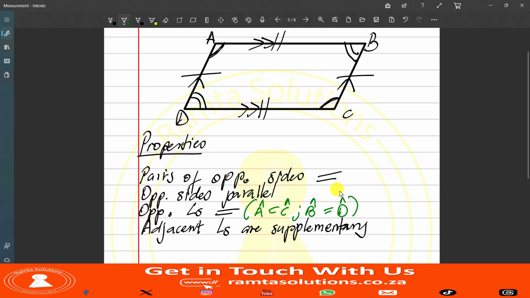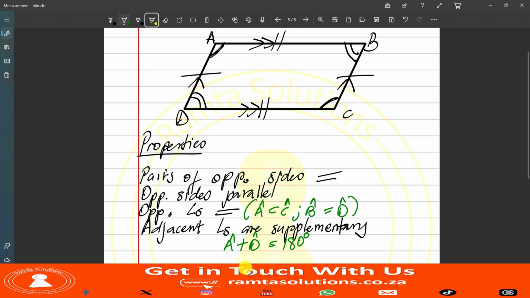Now with supplementary angles, ones that are inside parallel lines, they are adjacent. The ones that are inside parallel lines and on the same side of the transversal are adjacent angles. So this is to say angle A plus angle D is equal to 180 degrees.